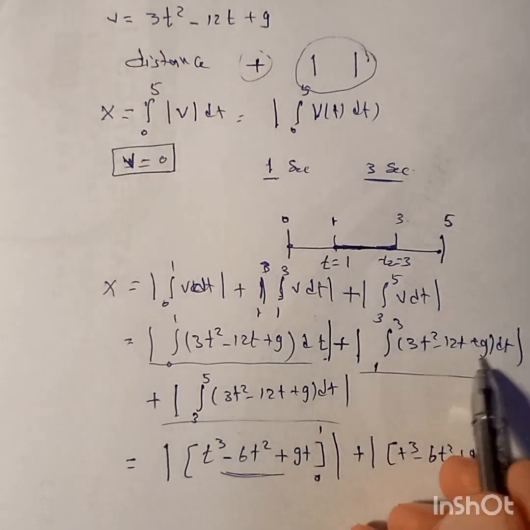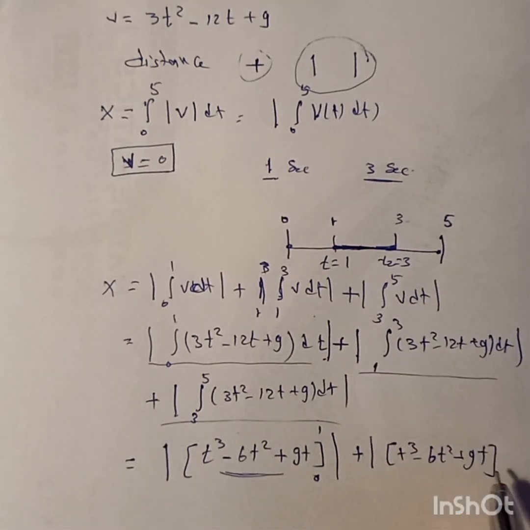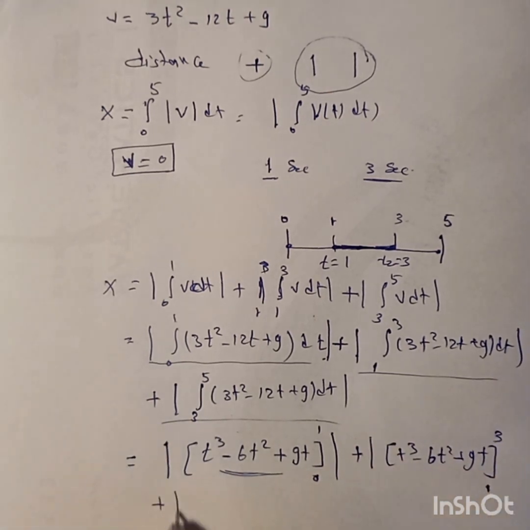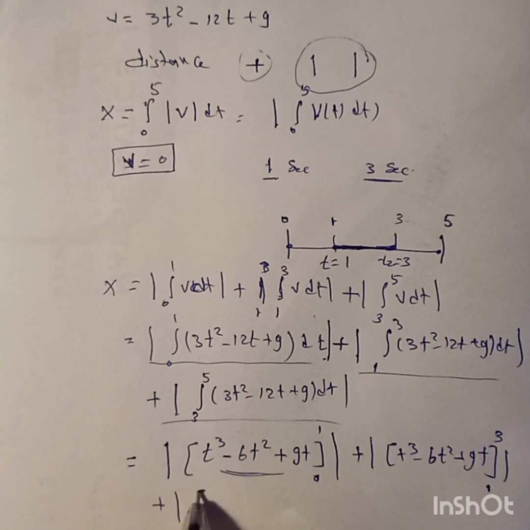This is the integration of this velocity, and we'll substitute by 1 and 3, and 1 plus modulus, of course, of t power 3 minus 6t squared plus 9t from 3 to 5.